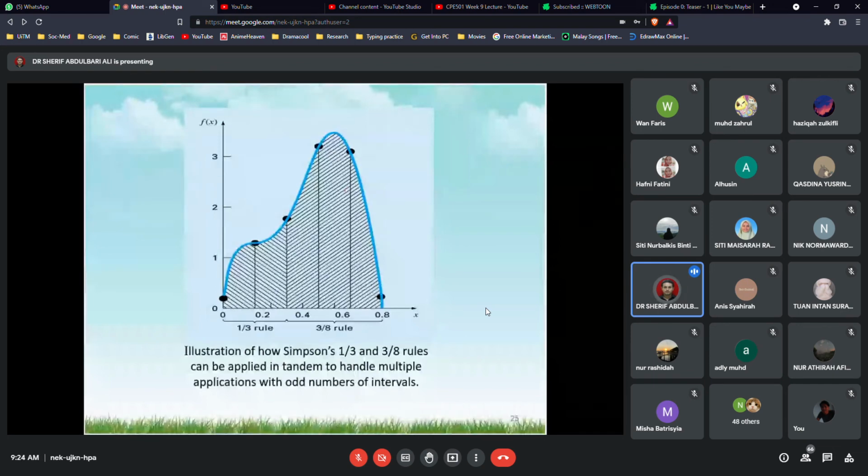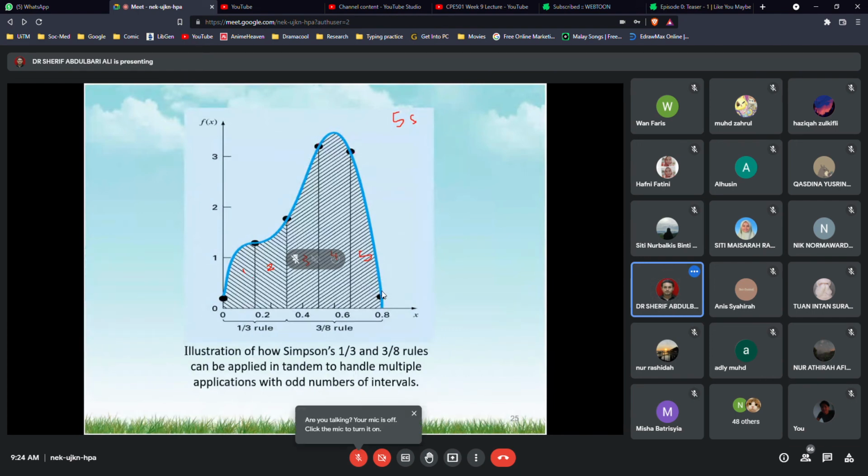And 3/8 needs 4 points to create 3 segments. So the total is 5 segments. As you can see from here, 1, 2, 3, 4, and 5. So how many points do I have? 1, 2, 3, 4, 5, and 6.